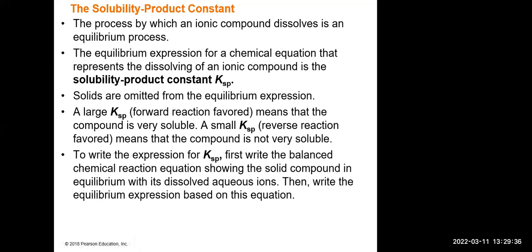To write the expression for the K sub SP, first write the balanced chemical reaction equation showing the solid compound in equilibrium with its dissolved aqueous ions, then write the equilibrium expression based on this equation. For example, if you have the ionic compound calcium fluoride, CaF2 solid, as it dissolves in water, it will dissociate or separate into ions in aqueous state.